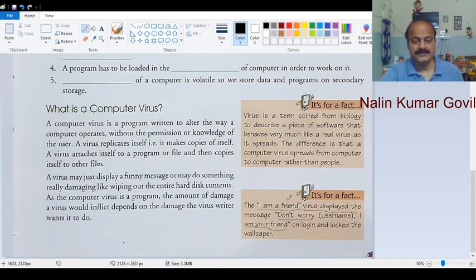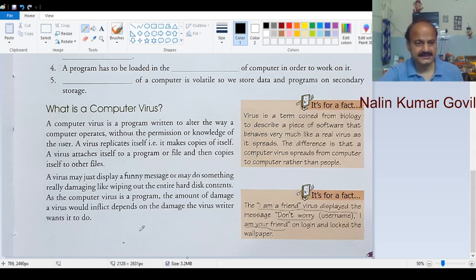The name of this virus is I am a friend. Clear? So a funny message will appear on the screen. Another thing, it damages the files or wipes out the entire hard disk, meaning it removes all the files from your hard disk.